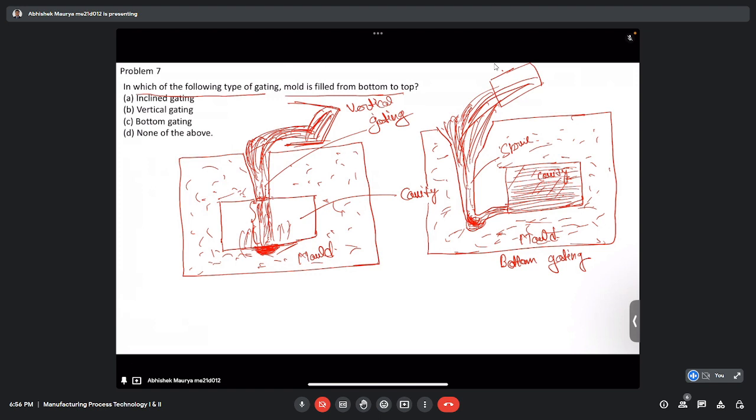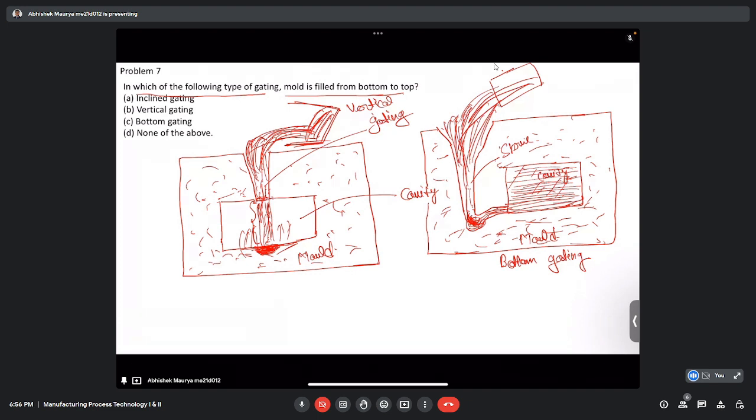So the earlier one was the example of vertical gating. This one is bottom gating. So what advantage do we get here? The advantage is that there is no chance of damage to the cavity, but the challenge is that the molten metal has to travel a longer distance. Earlier it was directly coming into the mold.